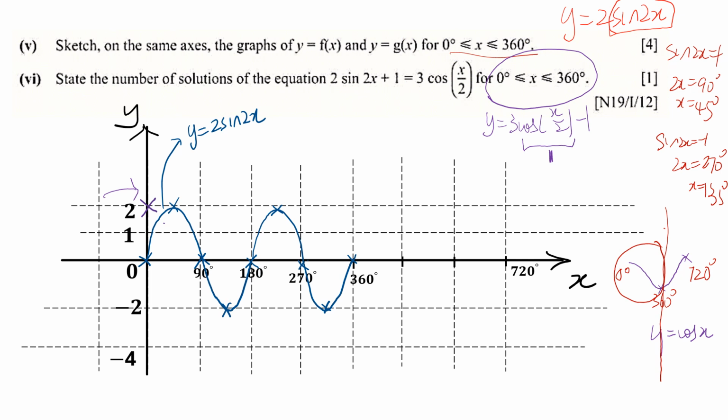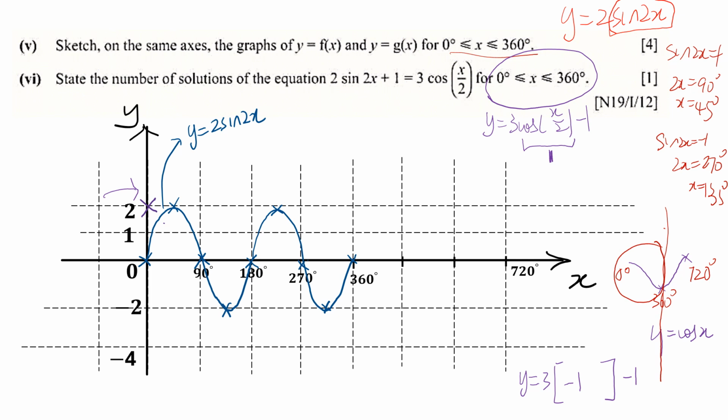Your second point will happen at the minimum value we calculated to be negative 4, and that is when I let cos(x/2) be negative 1, right, to get negative 4.